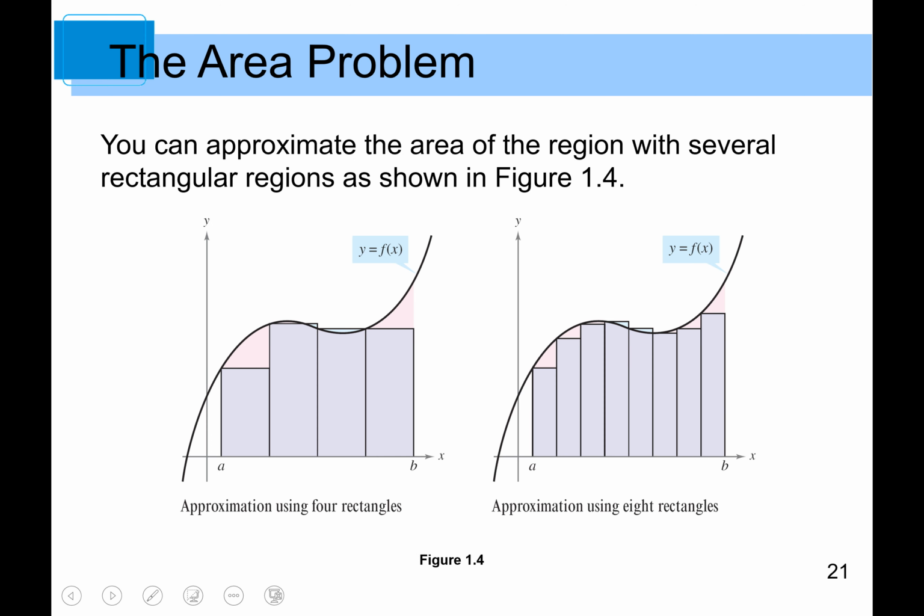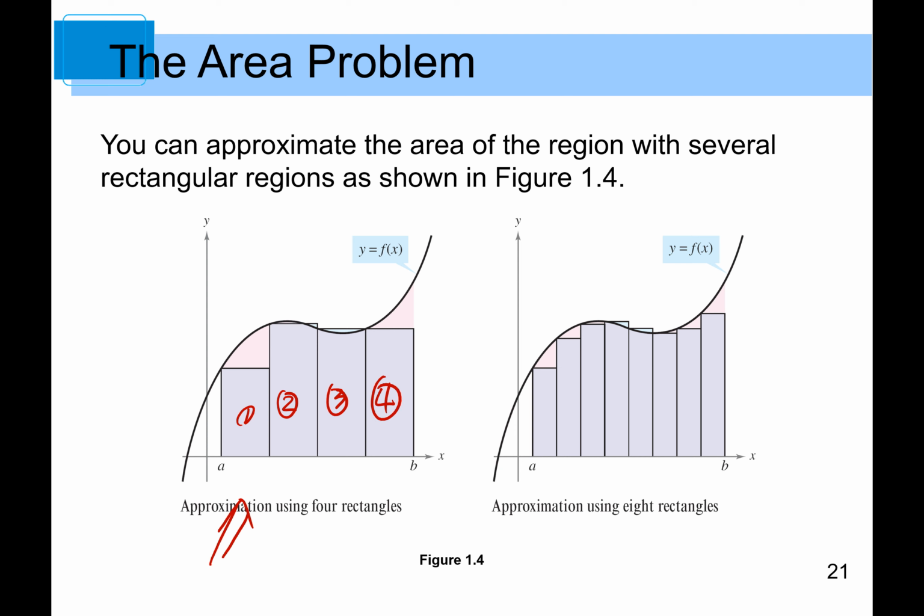In this case, a lot of mathematicians try to use different methods to approximate the area under the curve. One of the methods uses rectangular regions. They separate the shaded region in pink into different amounts of rectangular regions. In this case, the first graph gives us four: this first rectangle, second rectangle, third one, fourth one.